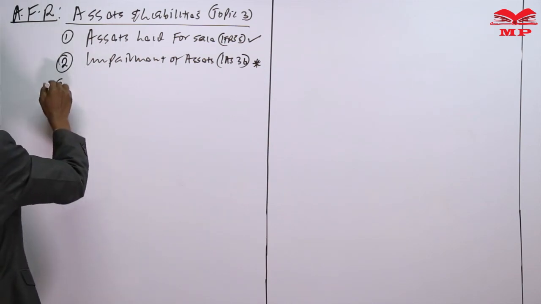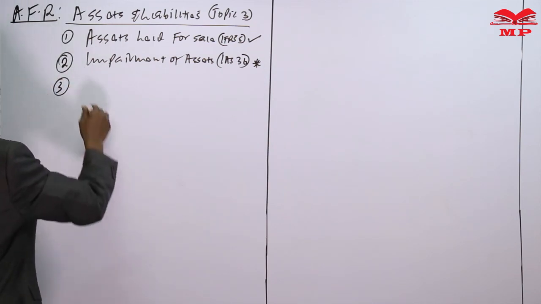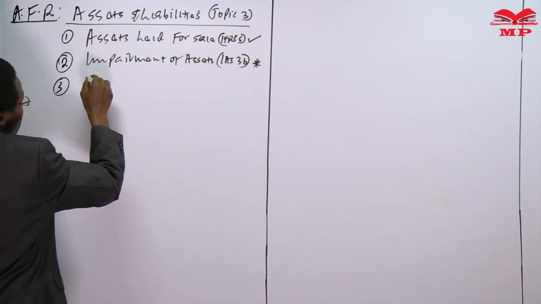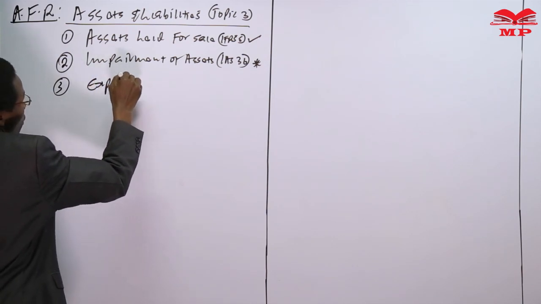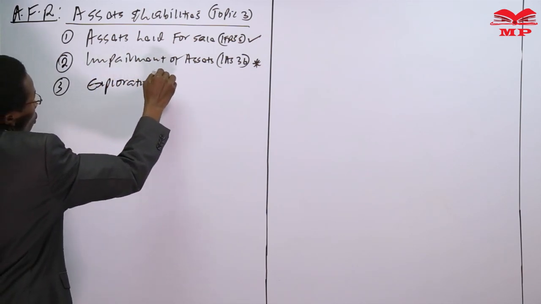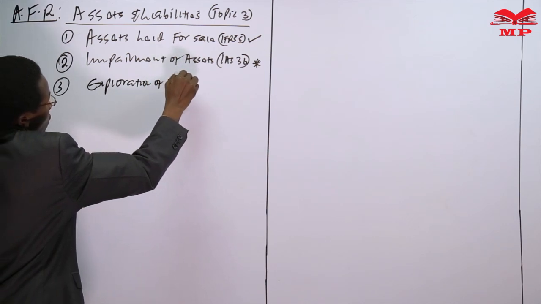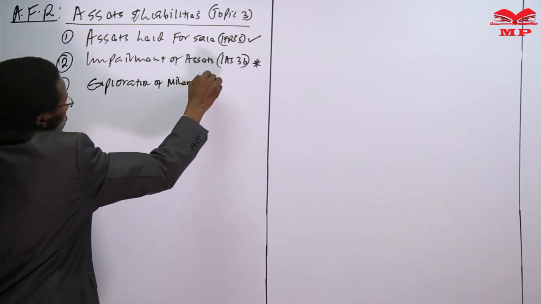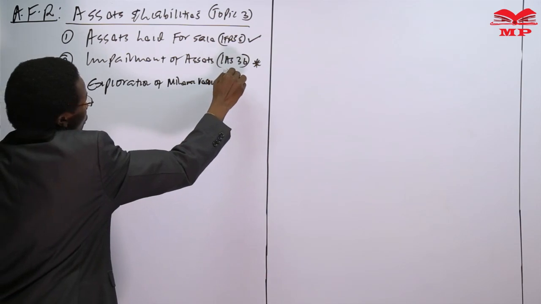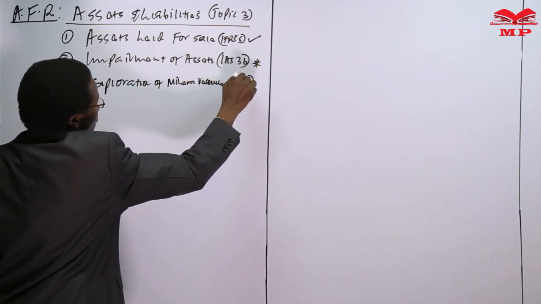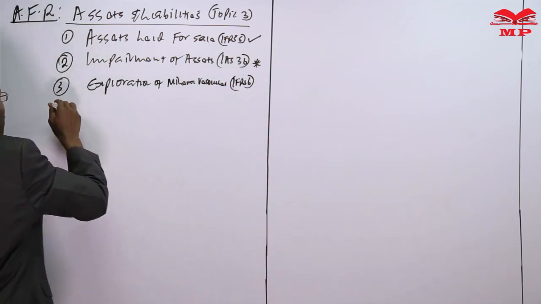Then 3, we'll also look at exploration of mineral resources, that is IFRS 6. We have not done that.